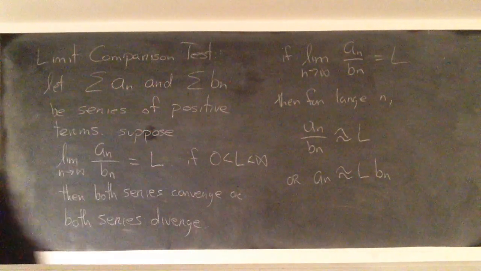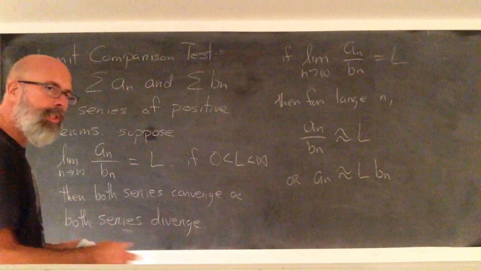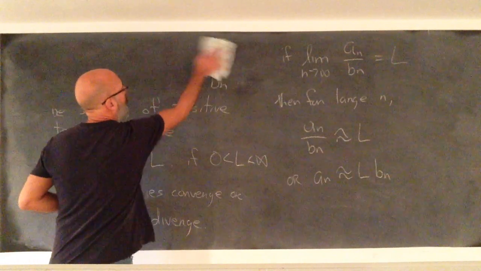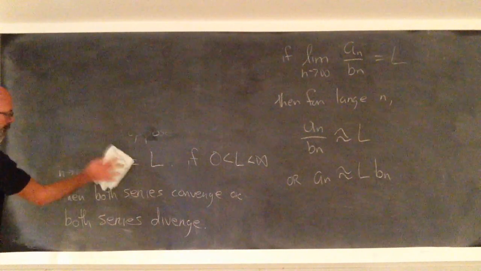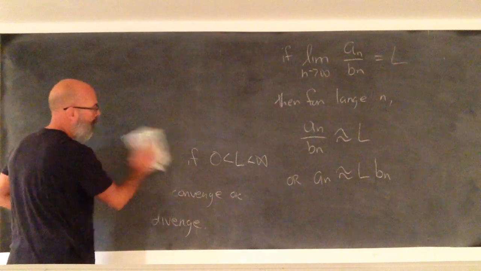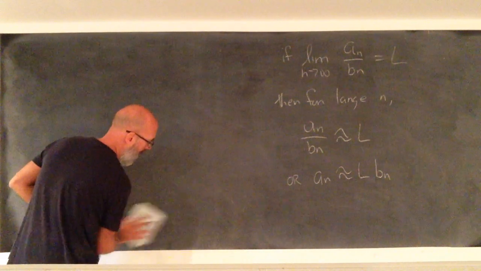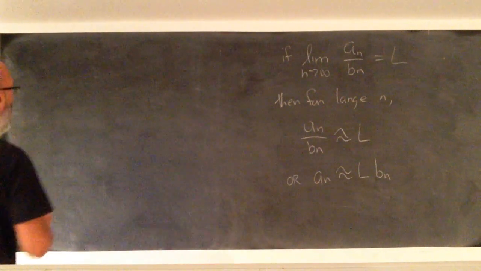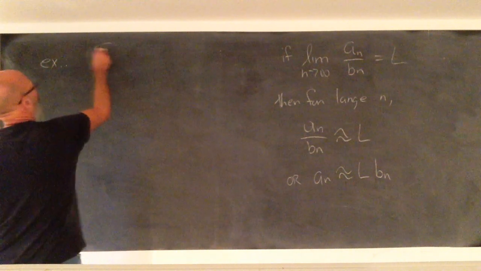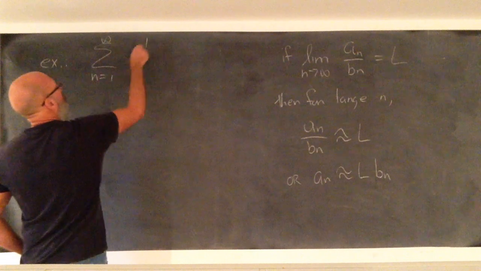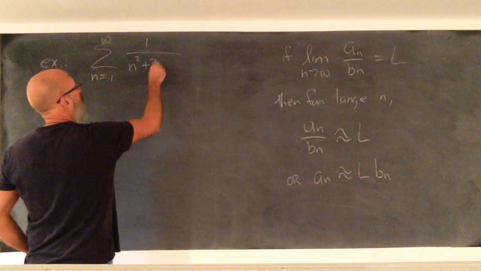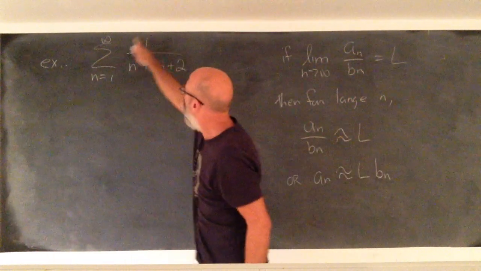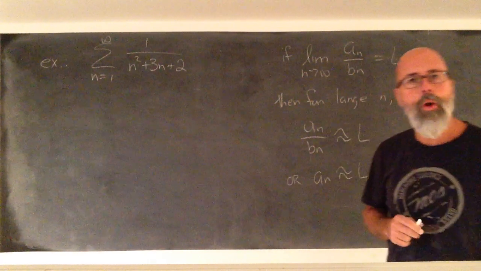Let's consider a few examples. In fact, let's reconsider the examples we were looking at in the comparison test. Remember, in the comparison test, you had to come up with some sort of inequality. Our first example, I believe, was 1 over n squared plus 3n plus 2, where we showed that this term was less than or equal to 1 over n squared.